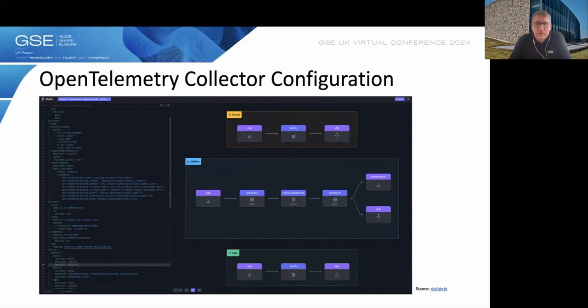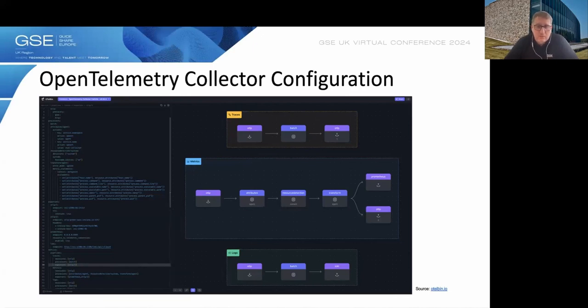The one for metrics is a little bit more detailed here. So again, we are receiving the data via the OpenTelemetry protocol. Then we do an adjustment of certain attributes. We have also resource detection enabled. Resource detection adds additional attributes so that you have, for instance, metadata being attached to your metrics about where these metrics have been gathered.